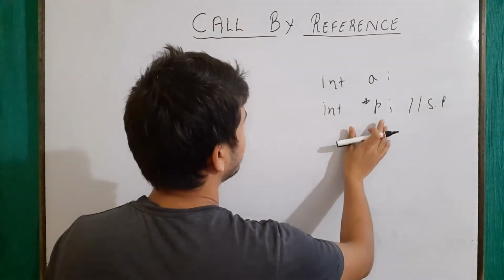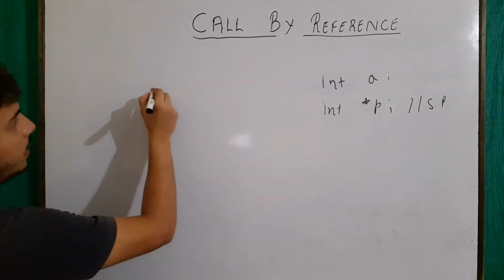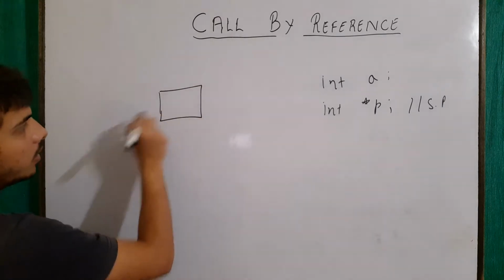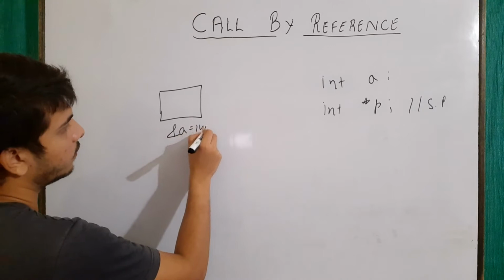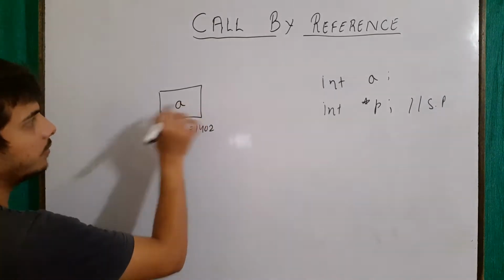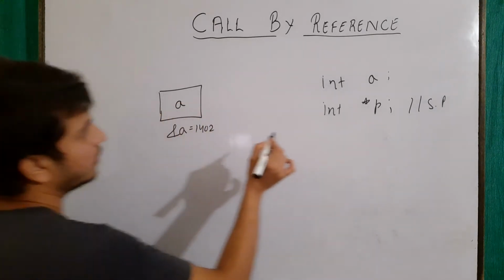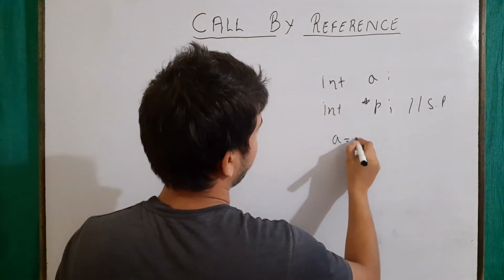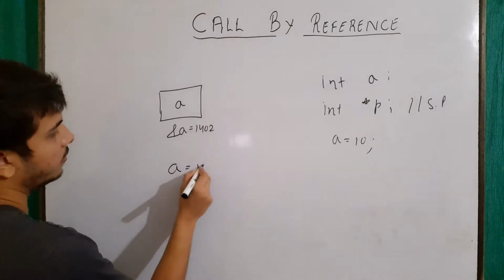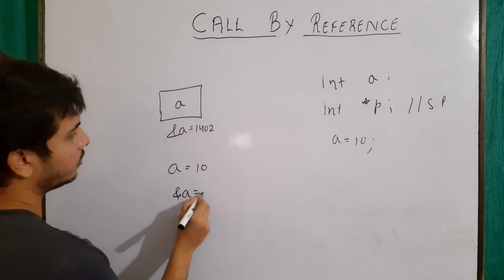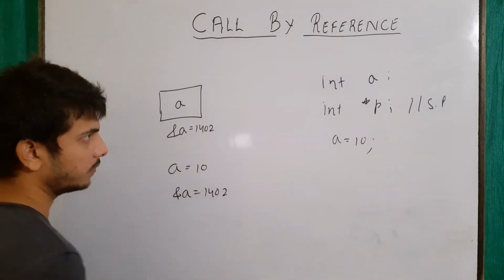Now if we talk about a, it will have some address. Let's say the address is 1402, and some value which will be represented using a. Let's say the value is 10, so I write a equals 10 and &a equals 1402.